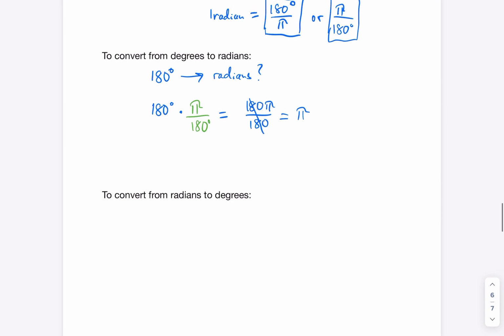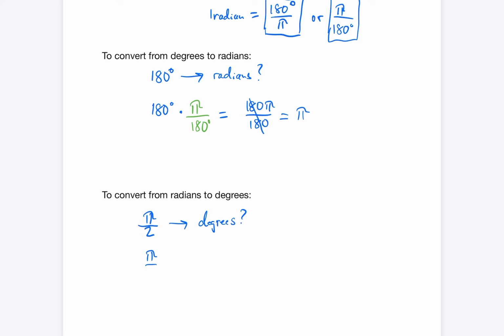And then likewise, let's say we wanted to convert from radians to degrees, okay? Let's see how we do that. So let's say that we have pi over 2 radians, and we want to convert it to degrees. So how many degrees is that?